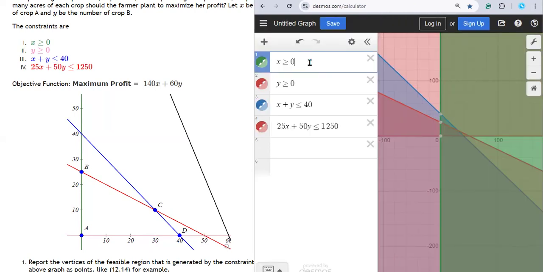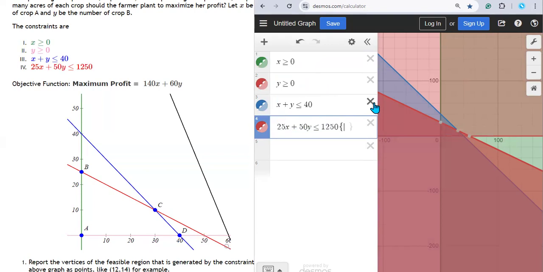When it's typed into Desmos like this, what's going on is you're saying this is true, or this is true, or this is true, or that is true. We want and. So in order to do that, I'm going to press Shift to get my squiggly bracket.